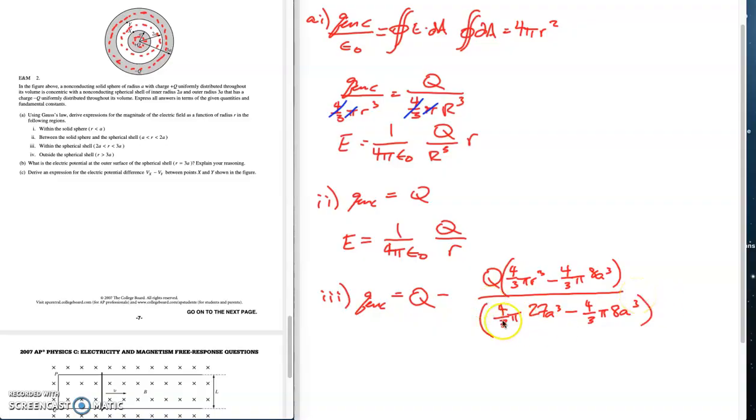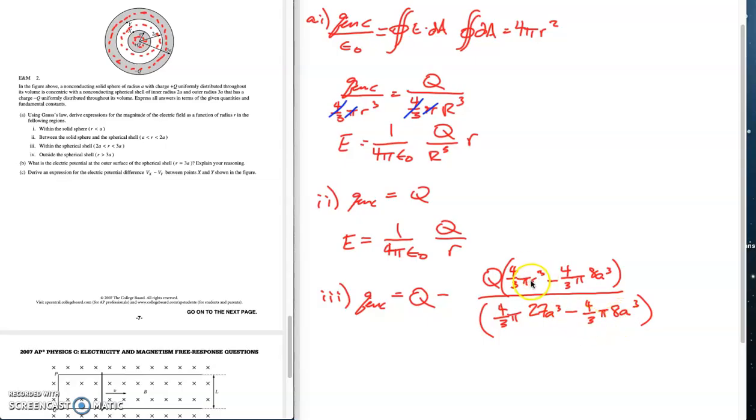You have to keep in mind the total volume of the spherical shell is the 3a radius minus the hole in the middle, which has a radius of 2a, which we then have to cube.